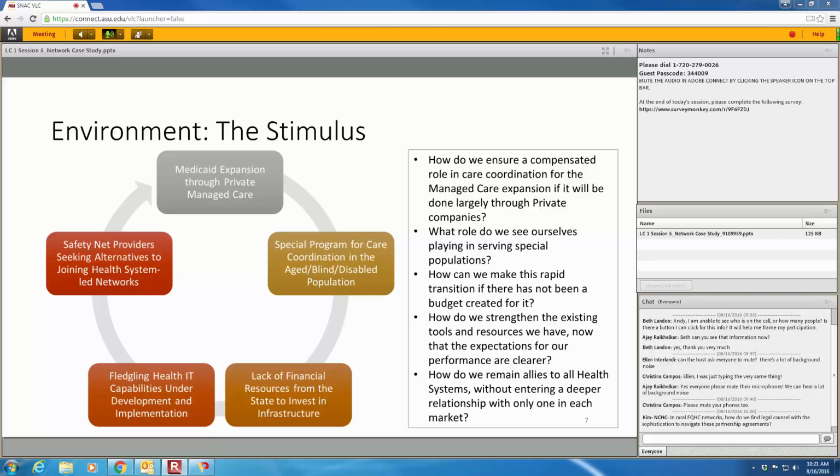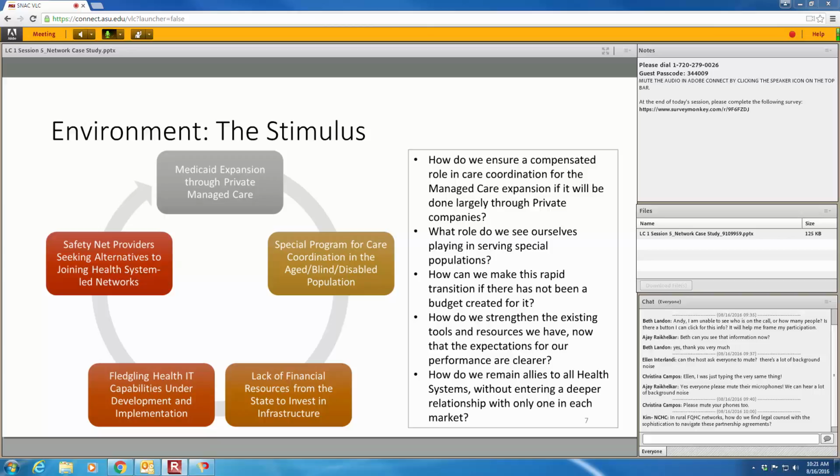So in our particular case study here, we've identified a state that's decided to not only expand its Medicaid plan, but to also push the overwhelming majority of Medicaid patients into private managed care organizations.